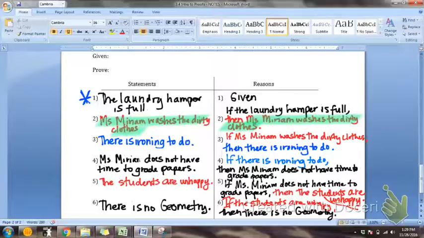When I said that there is ironing to do, that's the second half of my reason. Do you guys see how they change back and forth? Whatever your statement is, that's the second half of your reason. The first part of the reason comes from the statement just above it.